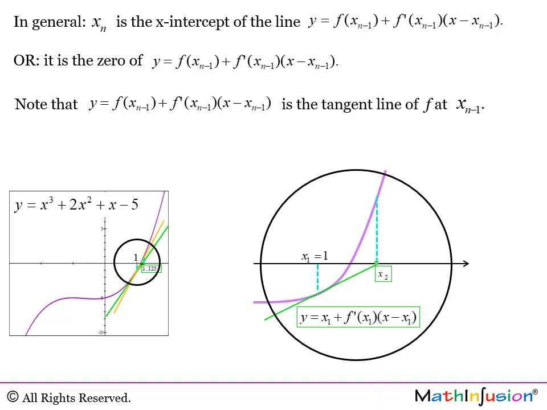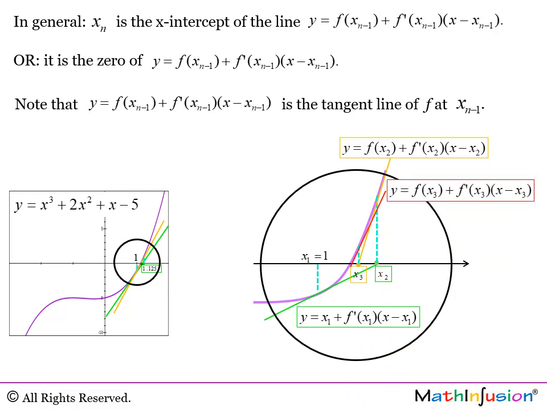Then again, we found the tangent line to the graph of the function at the value of x2, and the intersection of this line with the x-axis was x3. And we can continue doing this many times. Here's x4, and so forth.